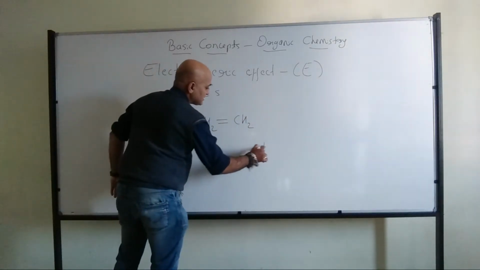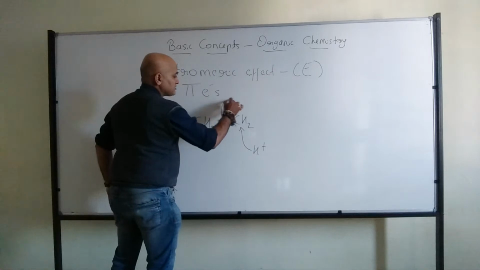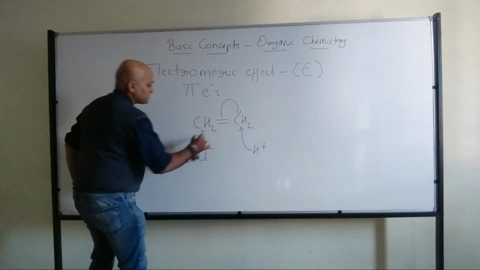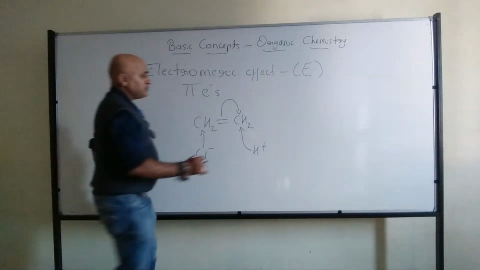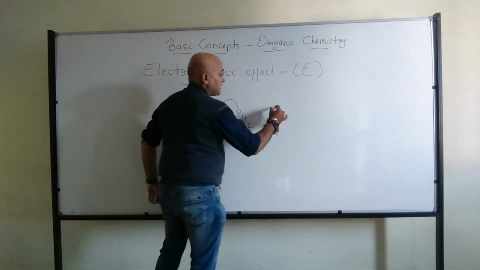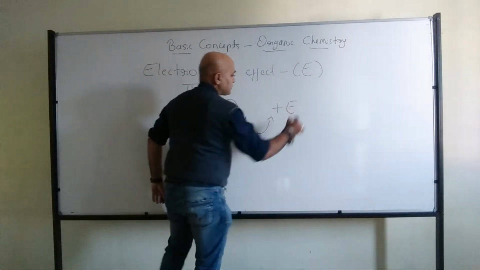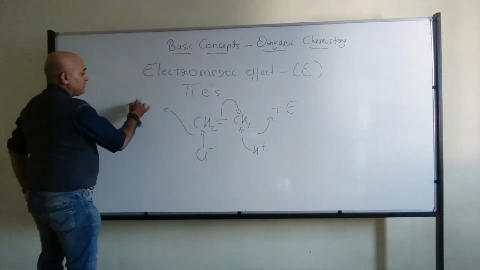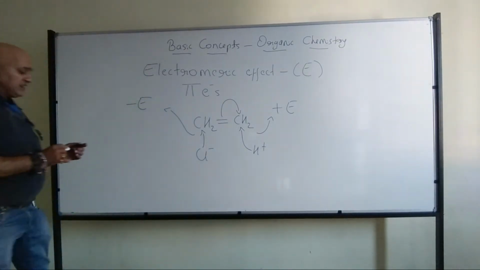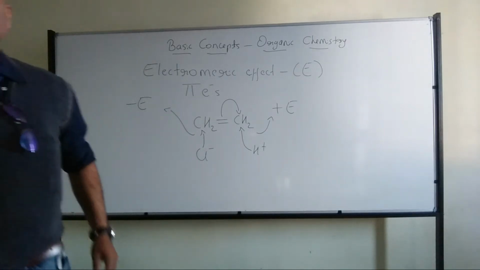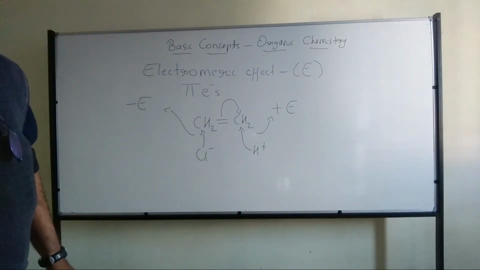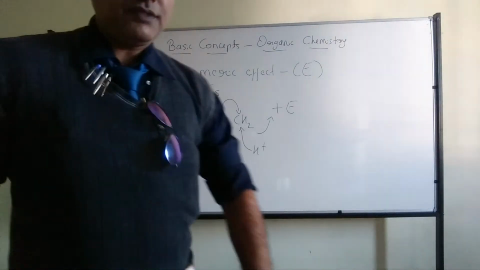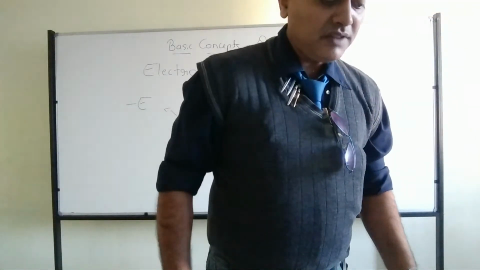So H plus is approaching here, the electron is shifted here, and Cl minus is approaching here. With respect to one condition we call it positive electromagnetic effect, and with respect to the other, negative electromagnetic effect. Any doubt with respect to this one?